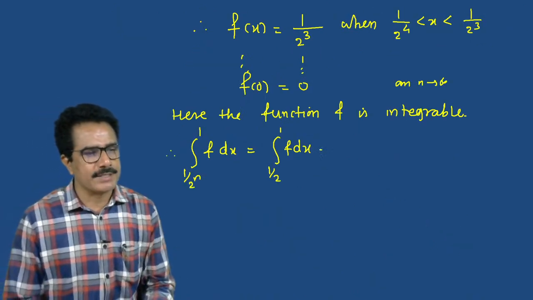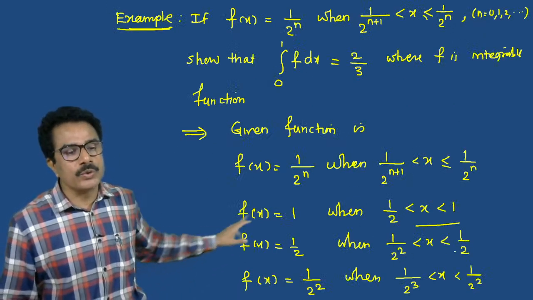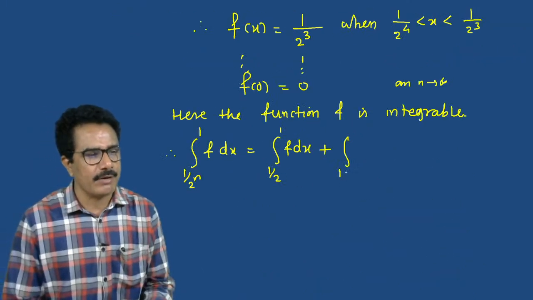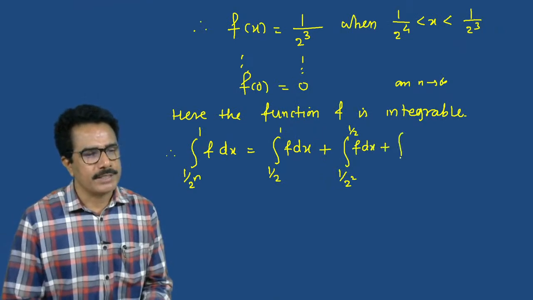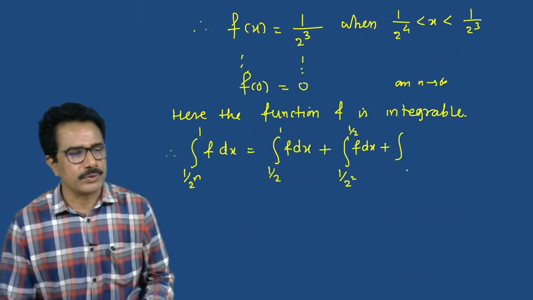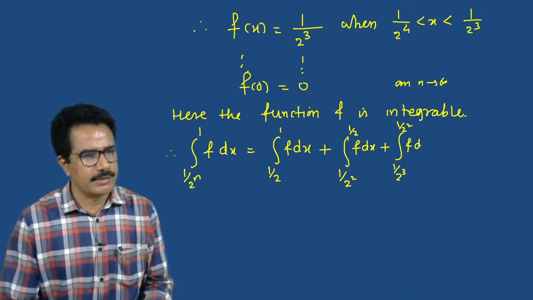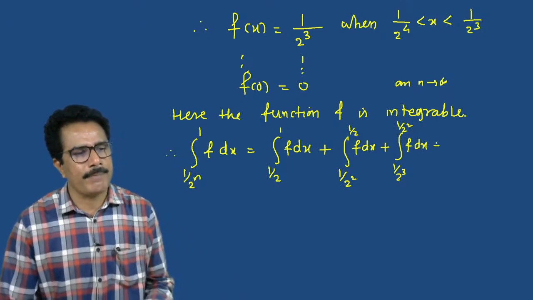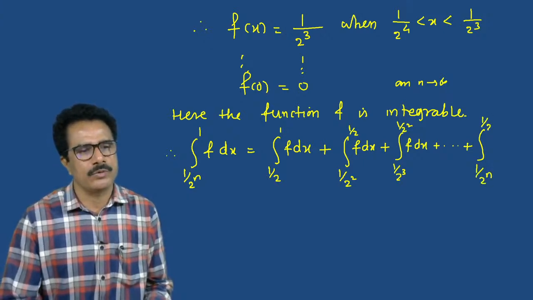The second part plus, see the second part is 1 by 2 raised to 2 to 1 by 2 f dx, plus the third part: 1 by 2 raised to 3 to 1 by 2 raised to 2 f dx. Okay, in this way plus dot dot dot plus integration of 1 upon 2 raised to n to 1 upon 2 raised to n minus 1 f dx.